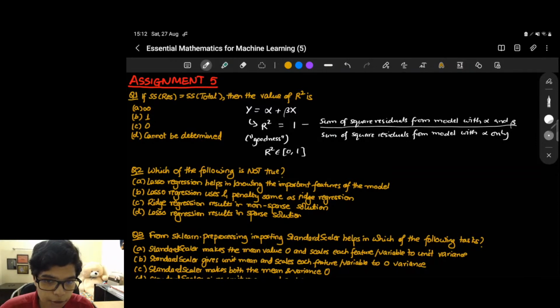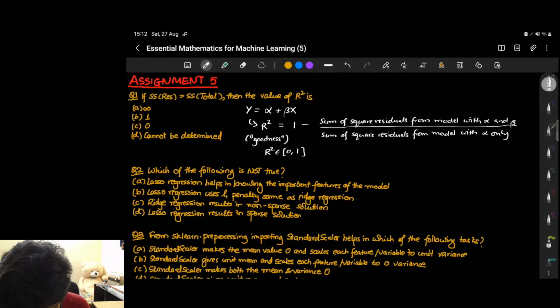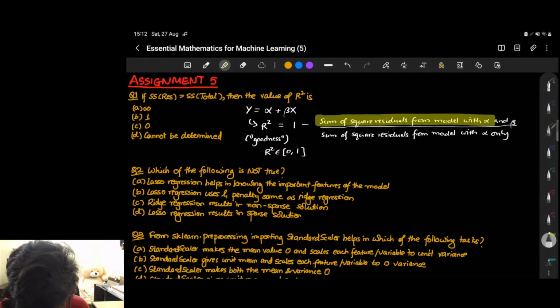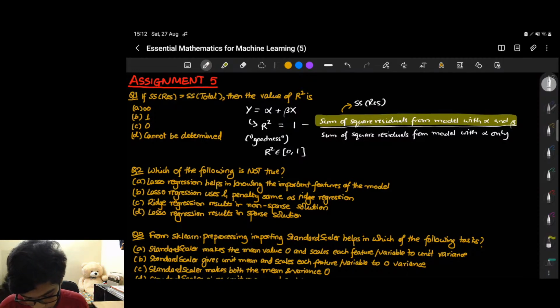So this is the definition of R squared. Now, the jargon written in the question: this numerator is what they mean by SSRES, that means sum of squares of residuals.